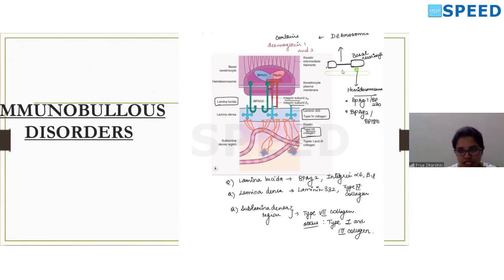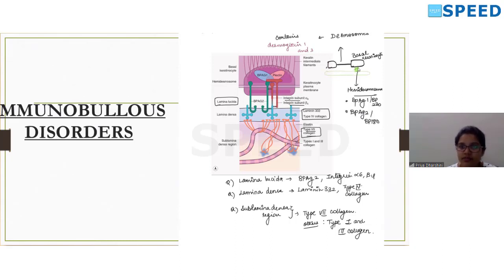So this is the basic structure of skin, and this desmosome has some protein called desmoglein, and other proteins are also included in this desmosome called desmoplakin, envoplakin, periplakin, plectin. In between these two basal keratinocytes, these desmosomes are present, and it has desmoglein 1 and 3.